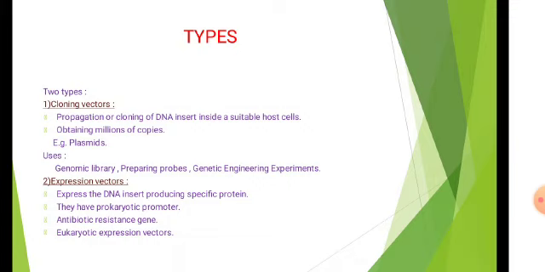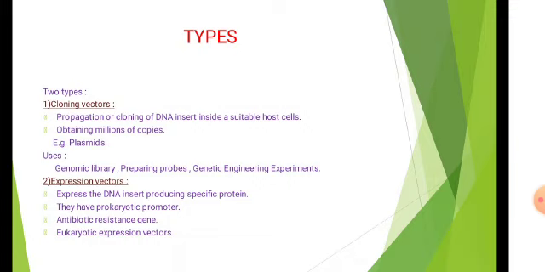Next, what are the types of vectors? There are two types, as already told: cloning vectors and expression vectors. We now discuss them in detail. The cloning vector is used for cloning of DNA inside a suitable host cell. You insert it into the host cell and get a number of copies.